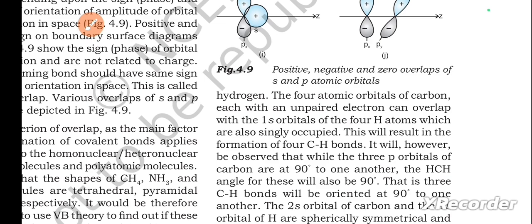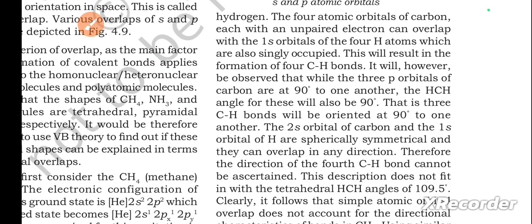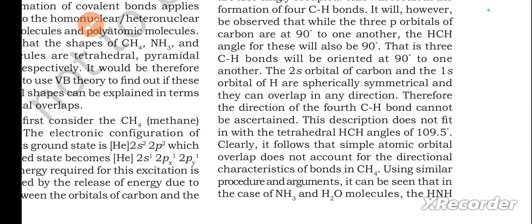It will, however, be observed that while the three p orbitals of the carbon are at 90 degrees to one another, the HCH angle for these will be 90 degrees. That is, three CH bonds will be oriented at 90 degrees to one another. The 2s orbital of carbon and the 1s orbital of H are spherically symmetrical and they can overlap in any direction.